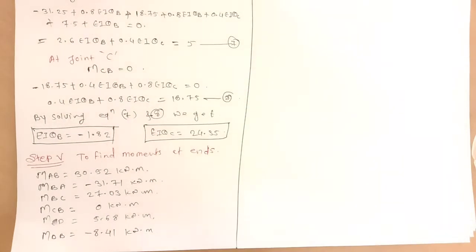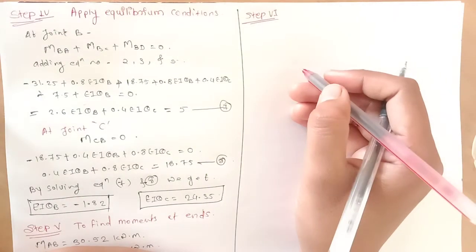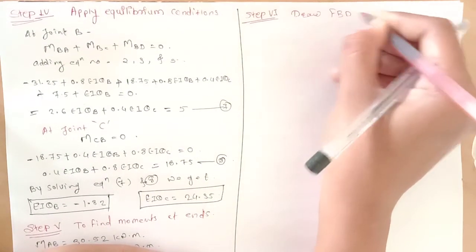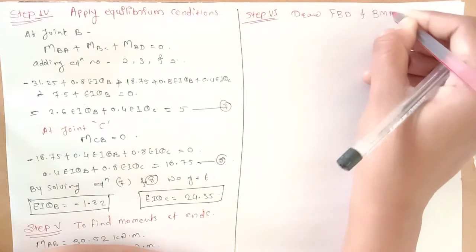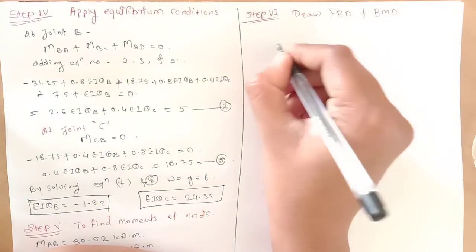Then next, step number 6. Draw the free body diagram and bending moment diagram. So for the free body diagram, first draw the given diagram.